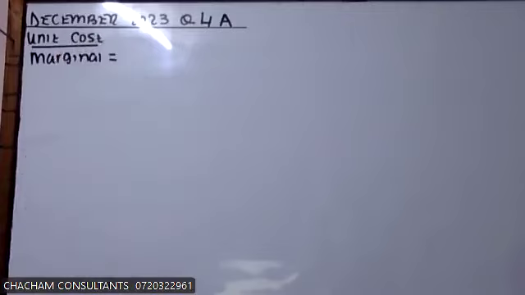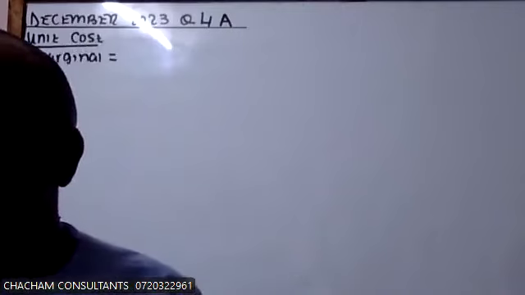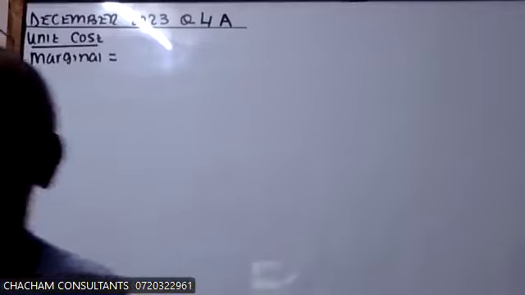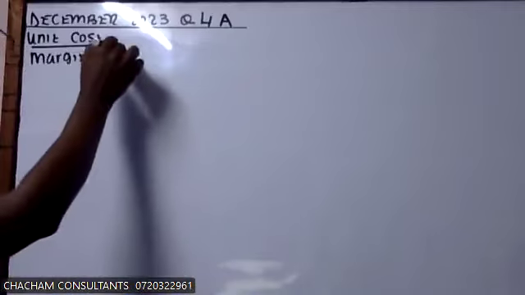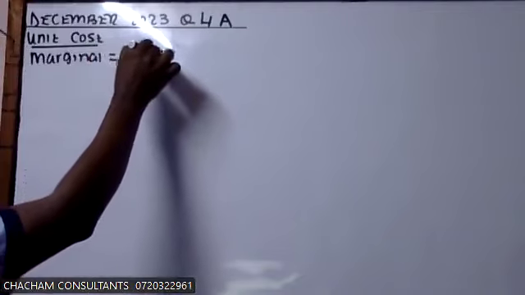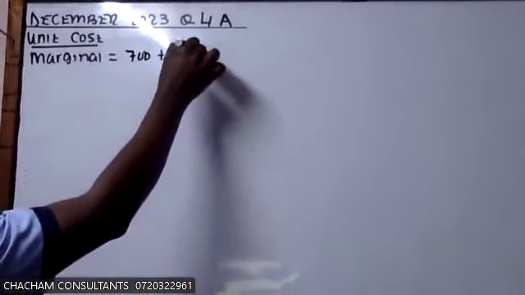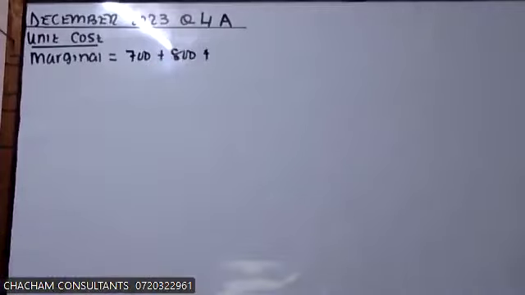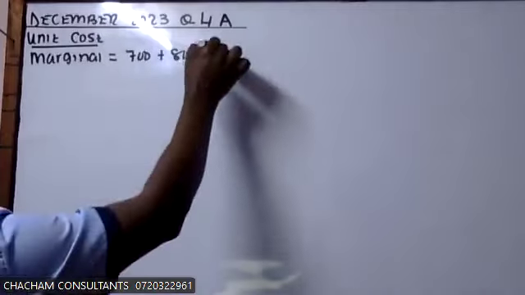Now, marginal uses the variable production costs only. So it will take the 700, it will take the 800. Those are variable production costs. It will also take the 300 overheads.